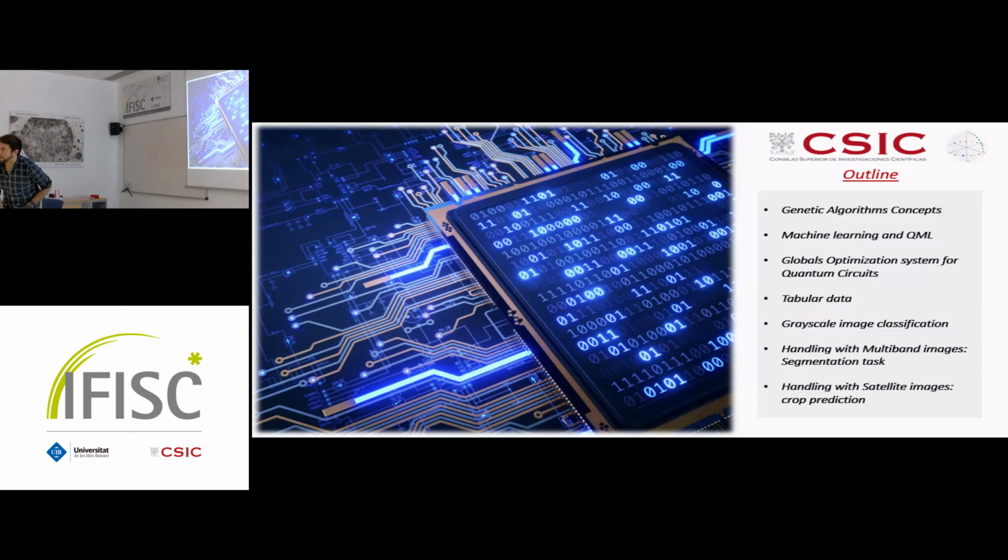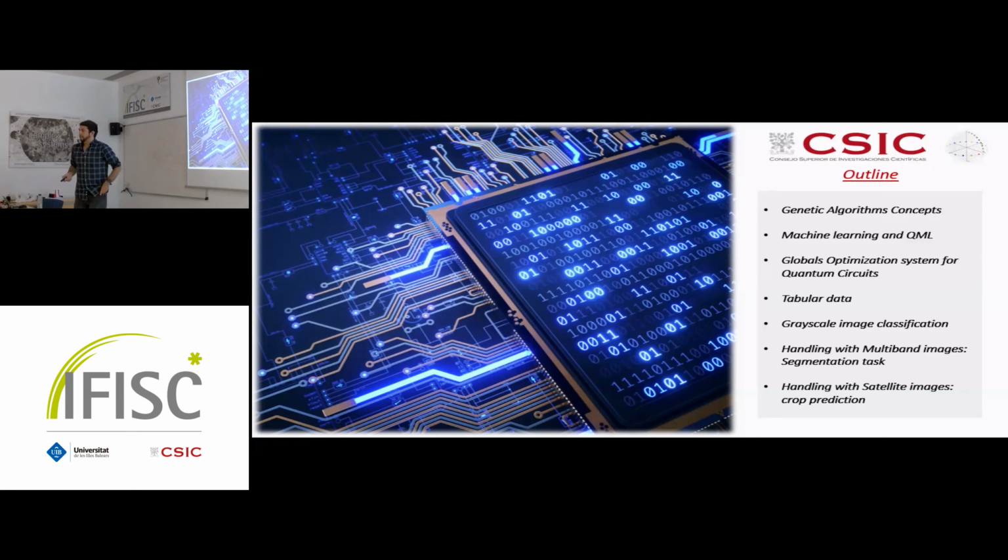So I think it's important. Also, we will go through machine learning just a bit, commenting how it works and how the machines learn. We will go to quantum machine learning and then how to integrate both things, machine learning, quantum machine learning, and genetic algorithms to optimize quantum circuits. And then we will go through different approaches for different data types.